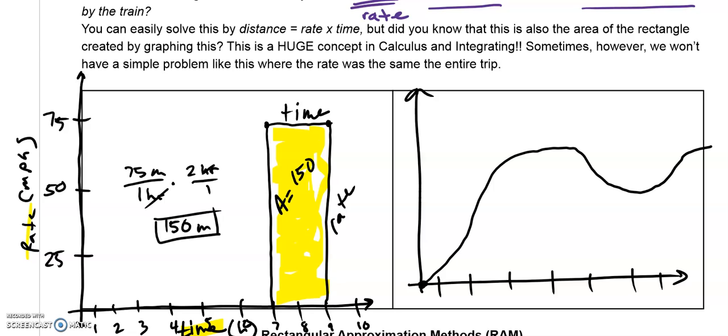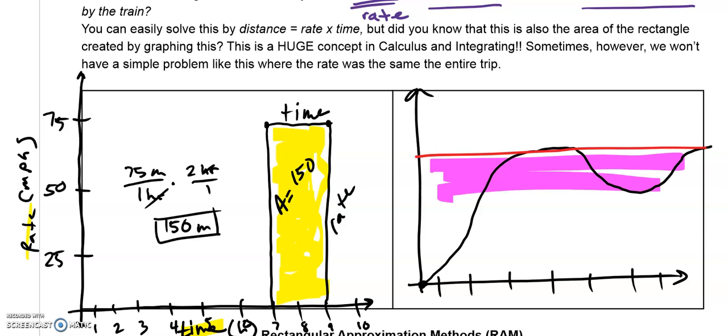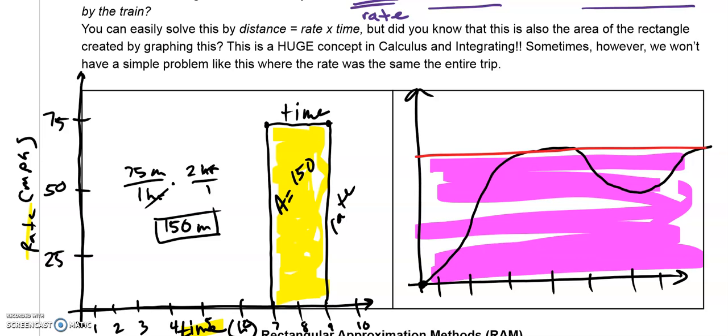With algebra, you cannot estimate this, and you wouldn't want to even try, because your estimate would look something like this, a rectangle. That area is going to be too high because we have stuff under the curve that we're including.